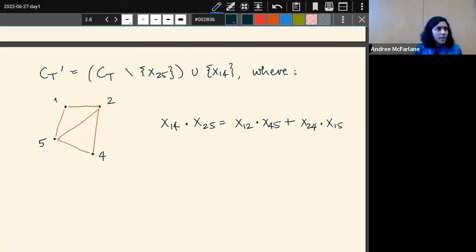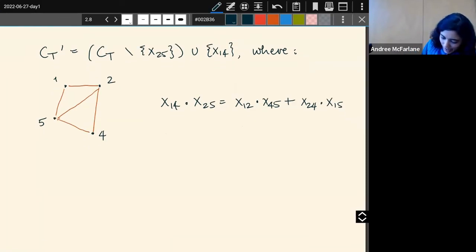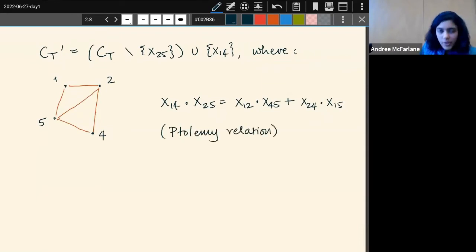It's called the Ptolemy relation. People know where that word comes from, right? No? It's okay. This is classical Euclidean geometry. If you have a quadrilateral that's inscribed in a circle, the edge lengths of that quadrilateral satisfy exactly this relation. This was Ptolemy's theorem, so that's why it's called the Ptolemy relation.